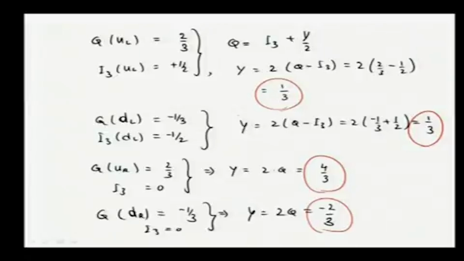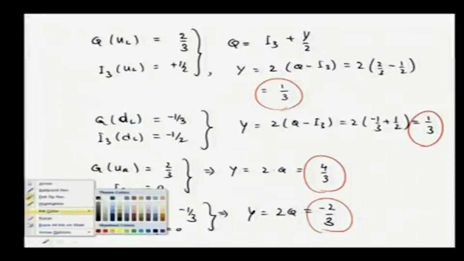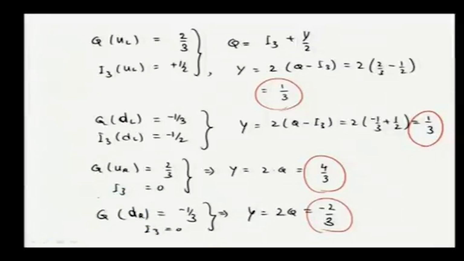All the left handed quark doublets will have 1/3 as their hypercharge, and the right handed up type quarks, UR, CR and TR, all have hypercharge 4/3, and the right handed down type quarks, D, S and B, all have hypercharge -2/3.